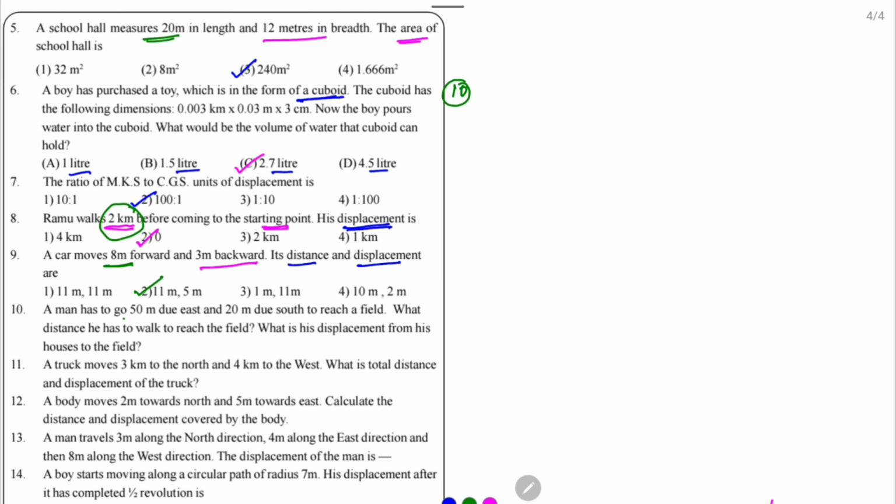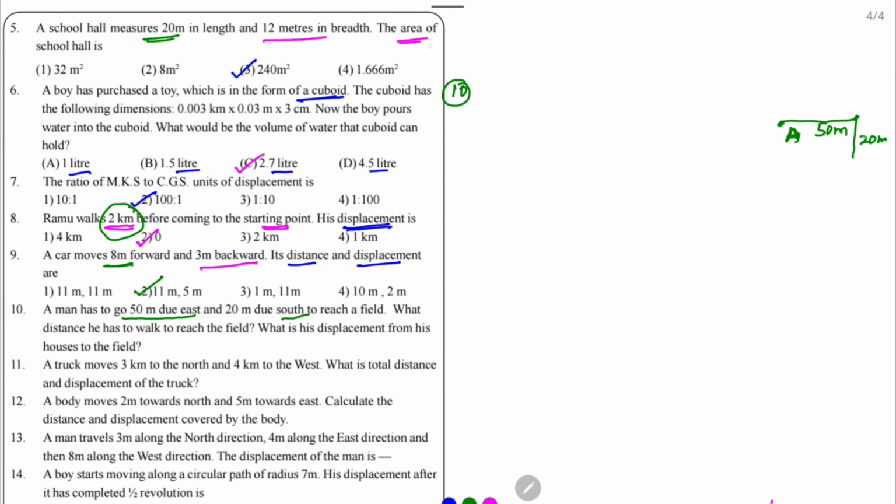A man has to go 50 meter due east. So let us take some reference point. So this is the reference point. Let's name it as A. From here he is moving 50 meter east. So this is east 50 meter and 20 meter south. From here he is moving 20 meters south.